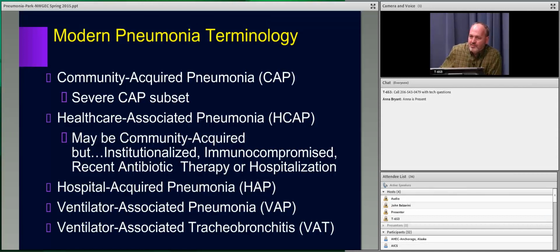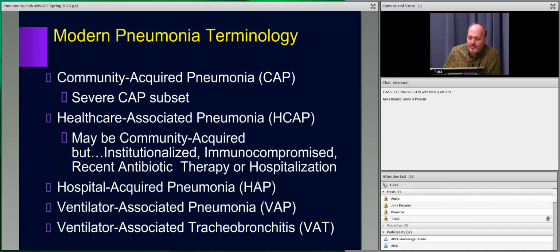But that basically means people who require ICU admission. And then traditionally we've had hospital-acquired pneumonia, which is another step or two down the list here, ventilator-associated pneumonia, and most recently ventilator-associated tracheobronchitis, in people who have a ton of gook in their airway but nothing on their x-ray.